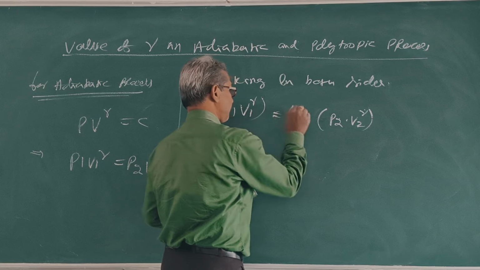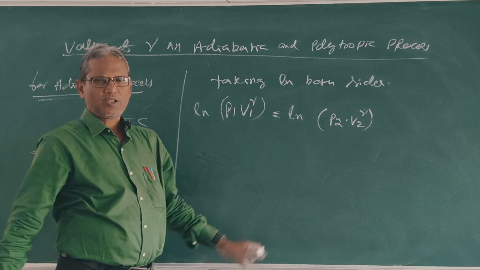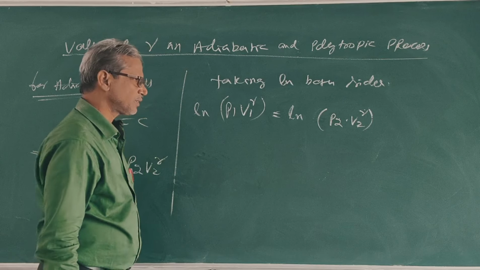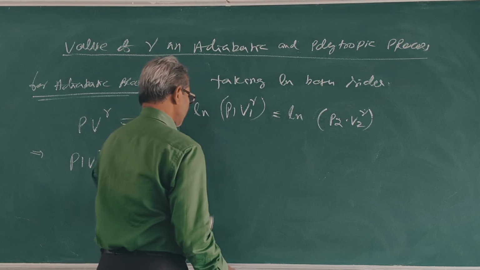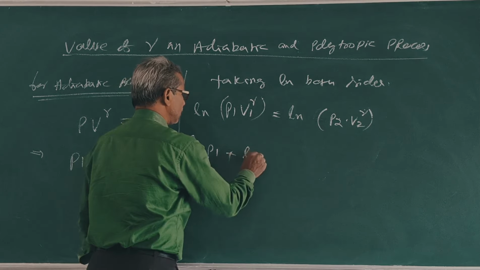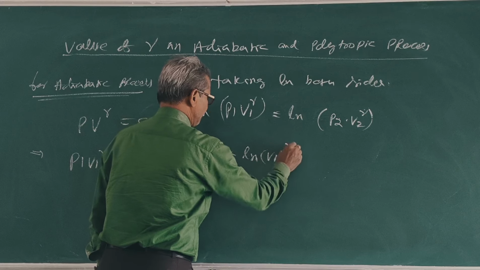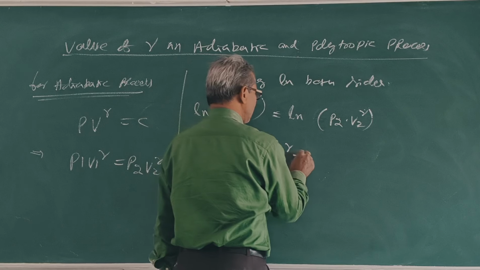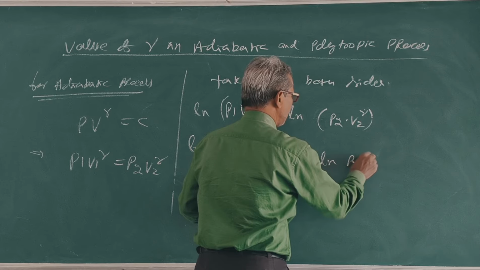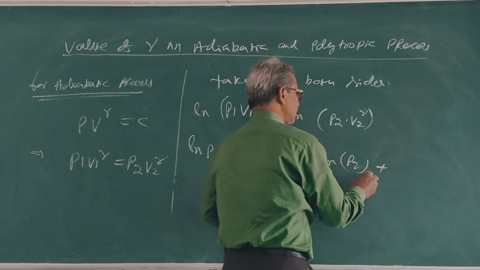Clear? ln m times n is ln m plus ln n. So this is ln P1 plus ln V1 to the power gamma is equal to ln P2 plus ln V2 to the power gamma.